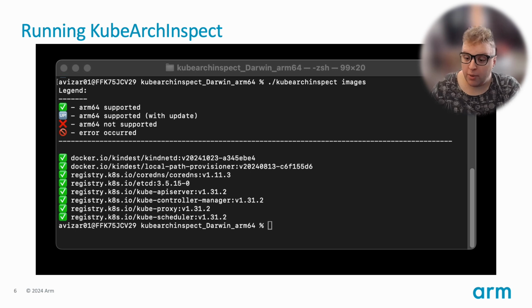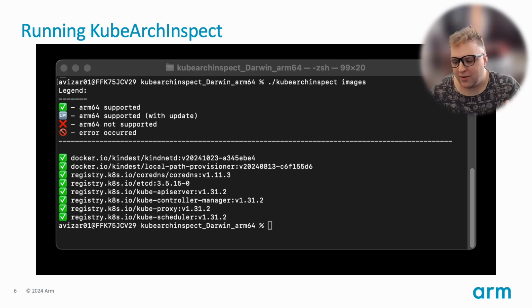When you run KubeArchInspect with the images command, it will then connect with kubectl to your Kubernetes cluster and go through every single node and check the source registry to see if there is an ARM64 compatible version out of the box for that. As you can see here, when I ran this on my locally running cluster that's already running on an ARM machine, I get green checkboxes.